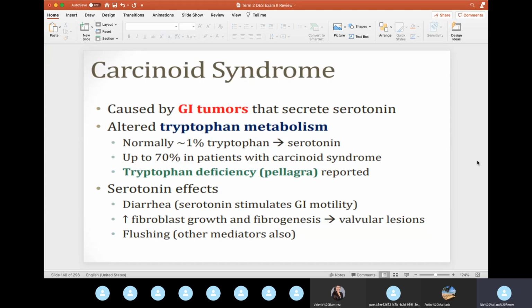So for carcinoid syndrome, this is caused by a GI tumor. Don't forget you have altered tryptophan metabolism. Tryptophan is a precursor for your niacin. So you can have tryptophan deficiency, pellagra. You can also have serotonin effects because serotonin is made from tryptophan. So you can have diarrhea, you can have fibrosis, and then you can have flushing.